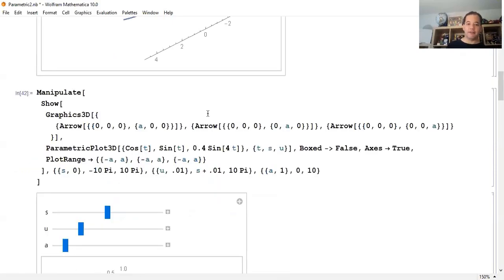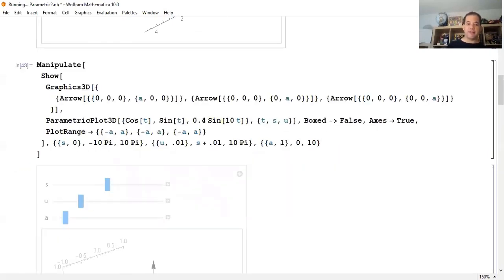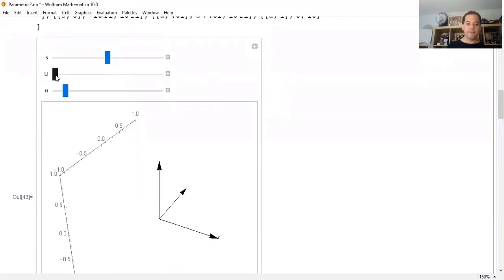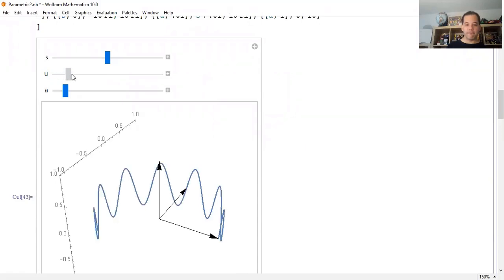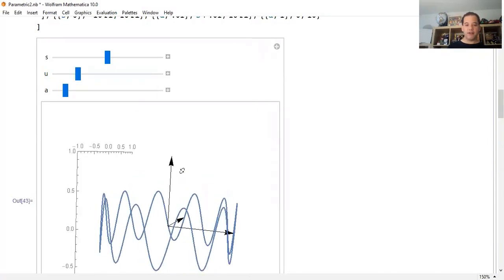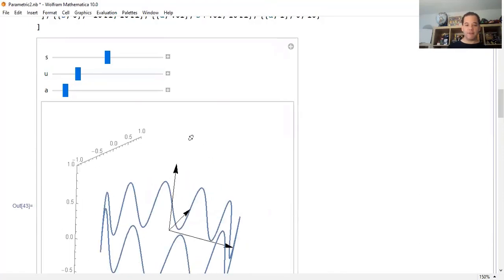And that would happen if I make it 10. That's a lot of ups and downs, right? You'll see. Kind of like a crown, right? A crown, when you go up and down, up and down, up and down 10 times.